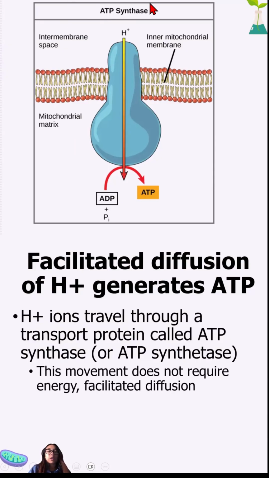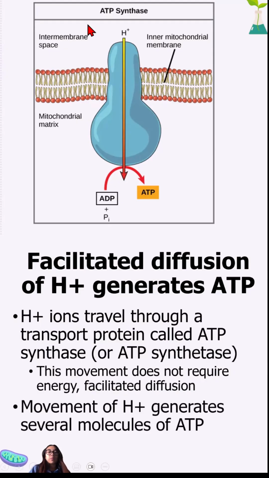And remember, because there's tons of hydrogens up here and very low concentration of hydrogens down here, they're going to be moving from high to low concentration. This is facilitated diffusion. This does not require energy. But the movement of the hydrogen ions into the mitochondrial matrix, that movement is what generates the production of ATP.